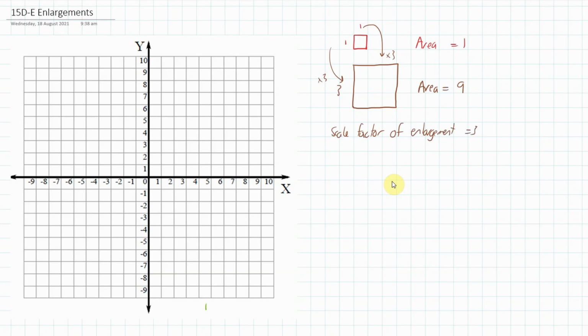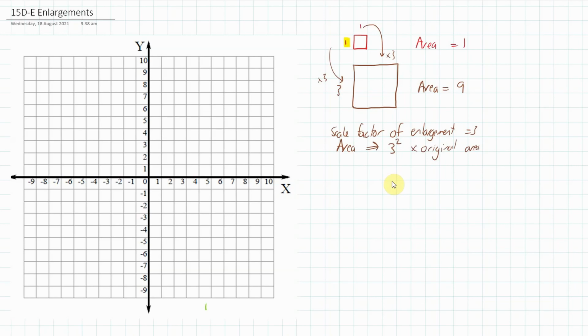But for the area, we're going 3 squared times the original area. And the reason we're doing that is because the scale factor of enlargement applies to lengths.